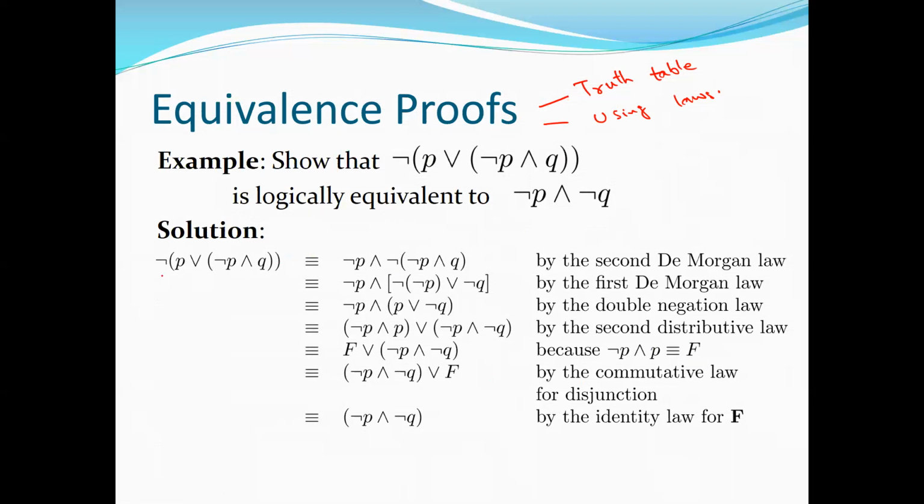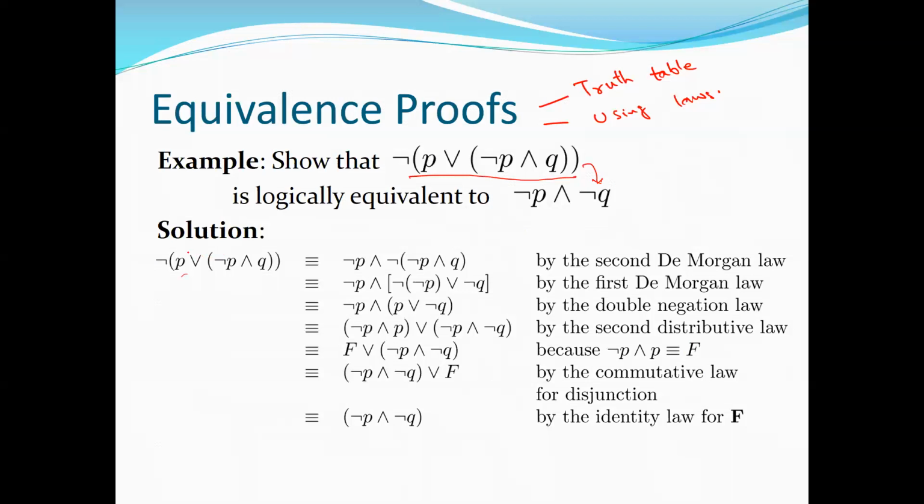So for example, if this is the statement, negation of (P or (P and Q)) is logically equivalent to negation of P and negation of Q. How are we going to prove that? For sure we will use the laws, and we will reduce this to this one. We have the negation here. By using De Morgan's law, we can have this negation inside.